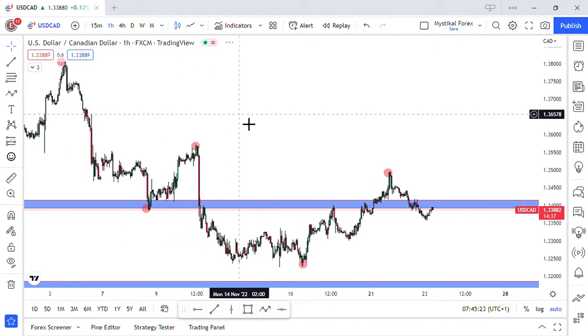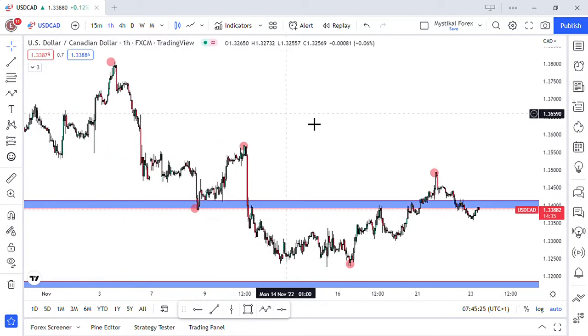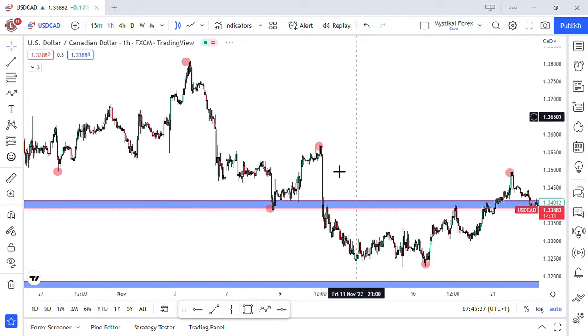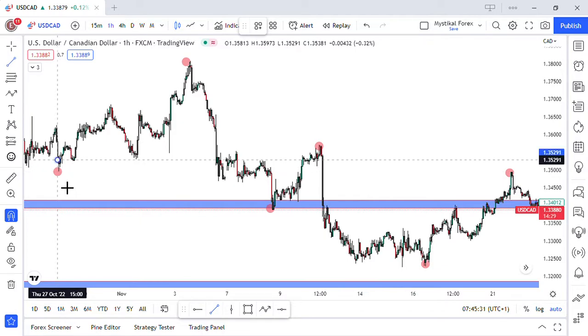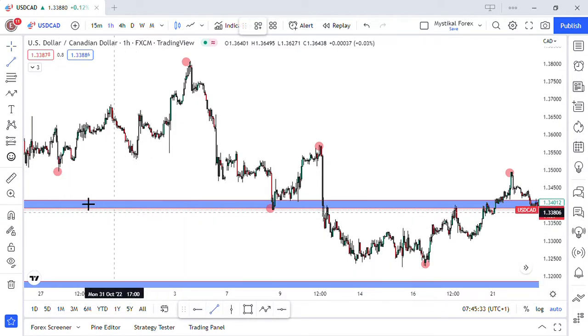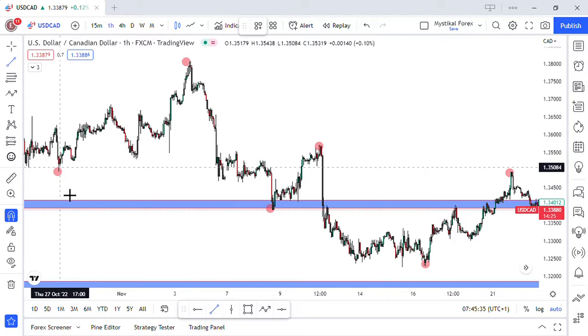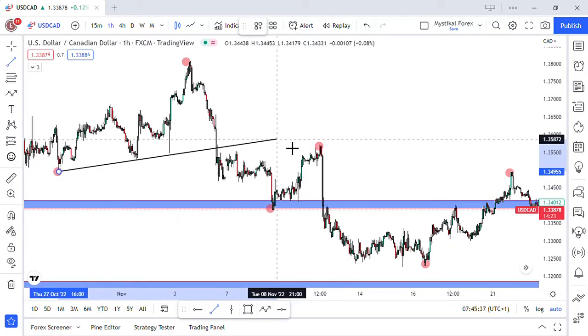H1 time frame shows me a wonderful view. Judging from every low we've had, you can clearly see what happened before. Sorry, let me show you how you can catch these trades faster.